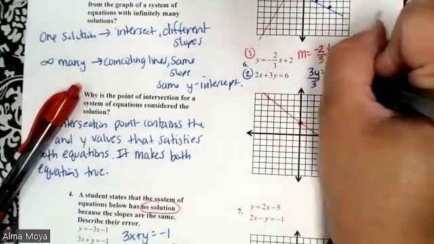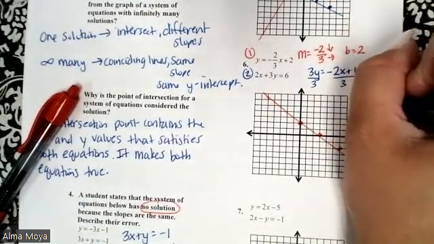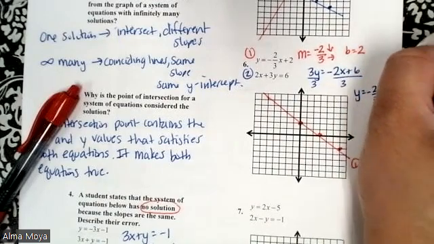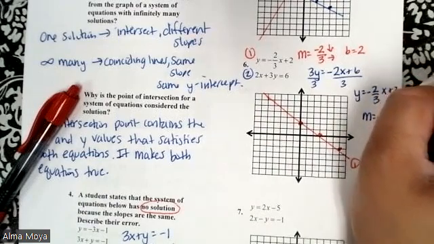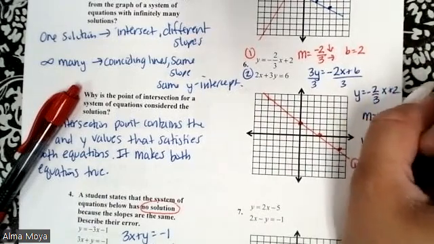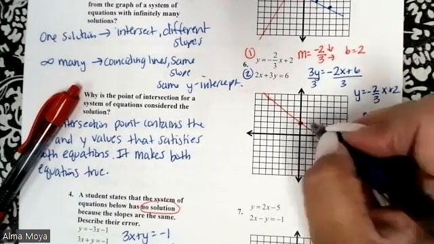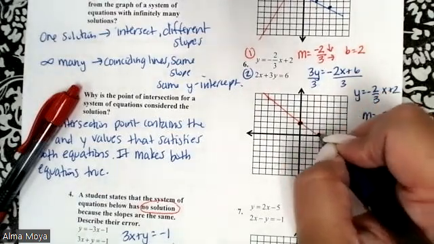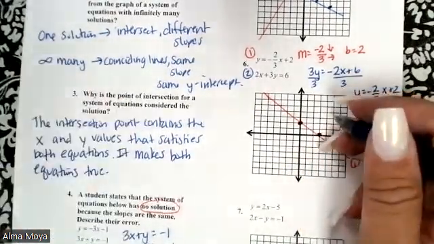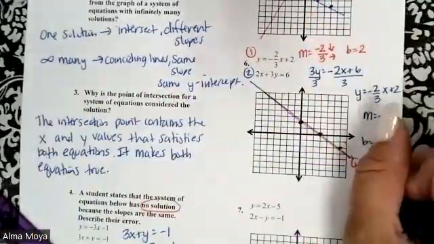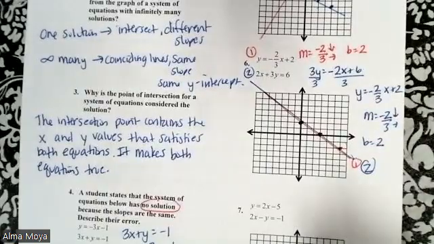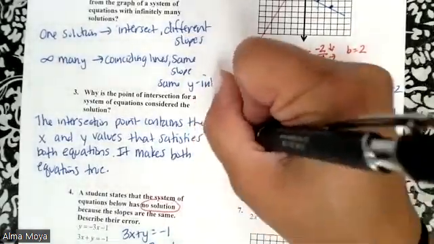And then when I divide by 3, I'm left with y equals -2/3x plus 2. So here my m is going to be a -2/3, and my b is going to be a +2. So my y-intercept's at 2, down 2/3. Okay, I notice it's the same exact line. So since it's the same exact line, that is called coinciding lines, which is infinite solutions.